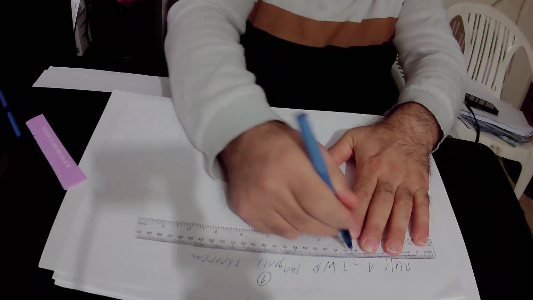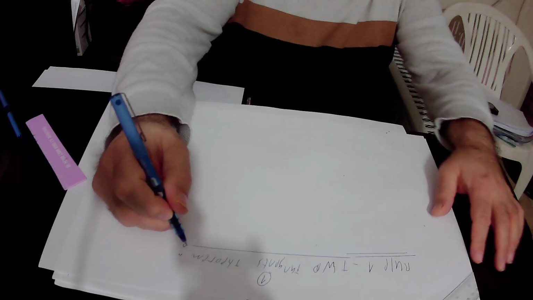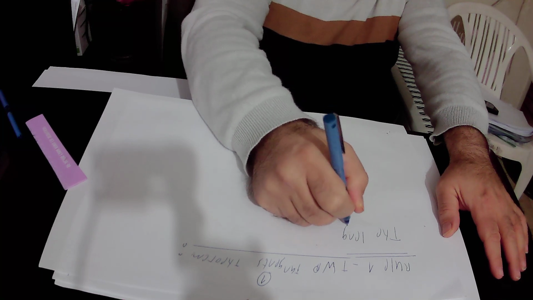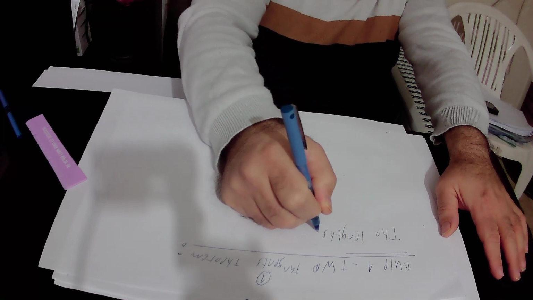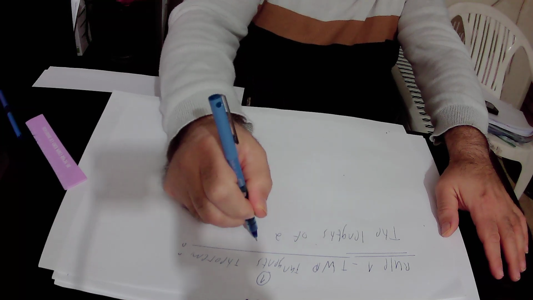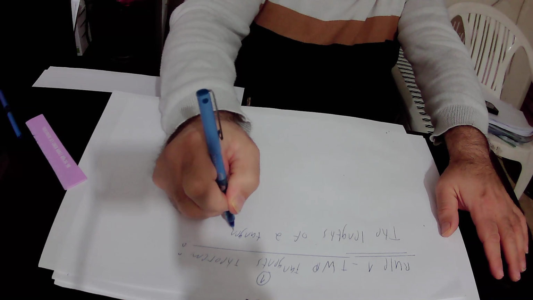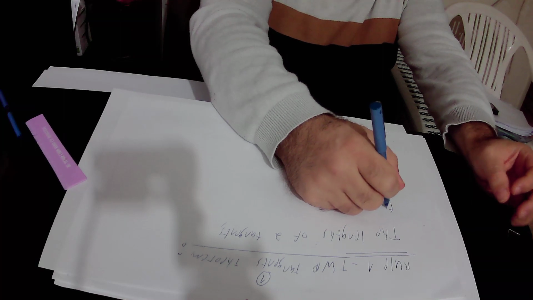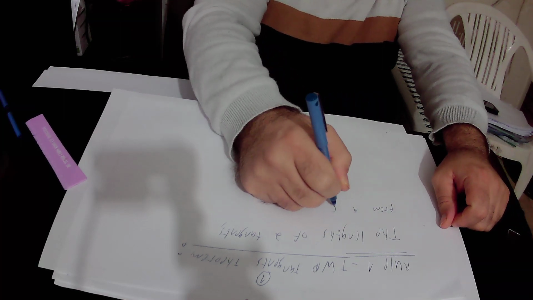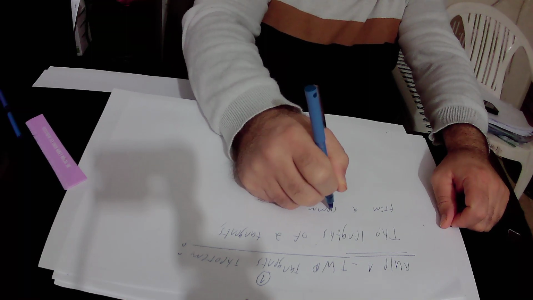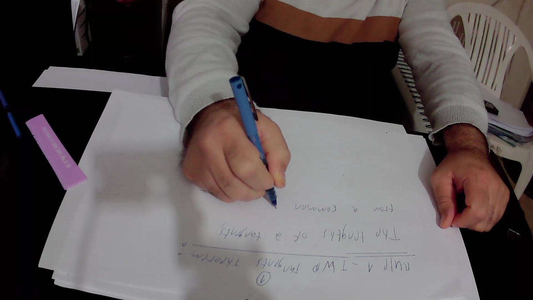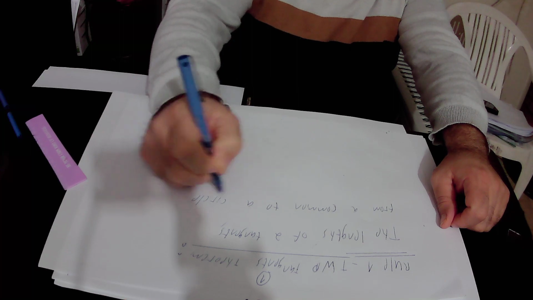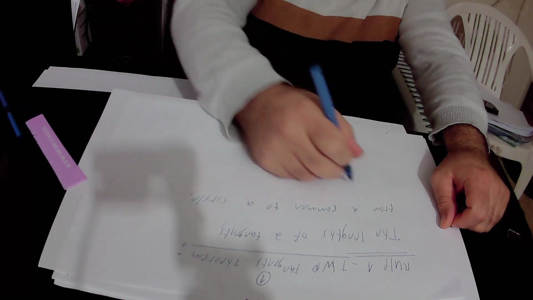the length of two tangents from a common external point to a circle are equal.